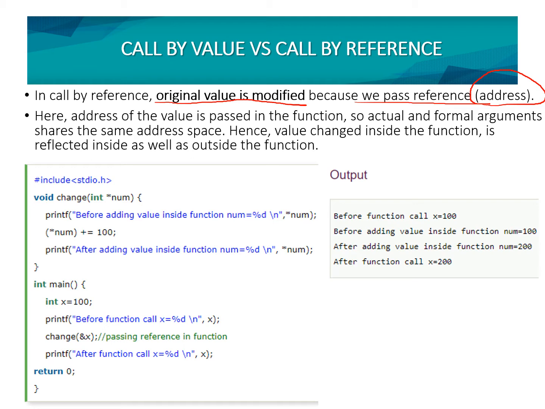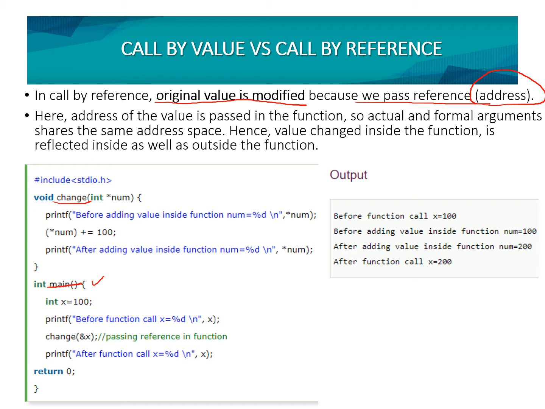Try to look at this example. We have two different modules, the main module and the change module. So right now we are starting from the integer main module, because whenever we run the program, we will look at the main module first.